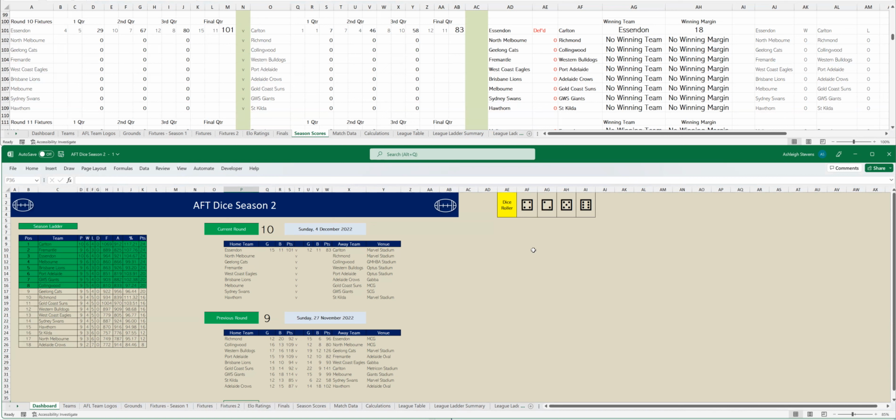It's North Melbourne versus Richmond. Okay, so North Melbourne kicking 5 goals 3 to Richmond 5 goals 2.